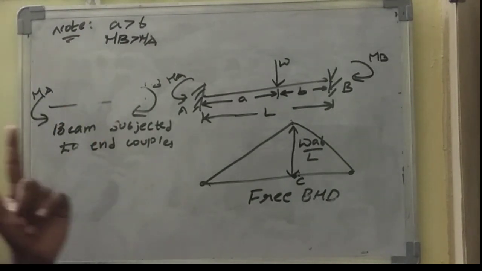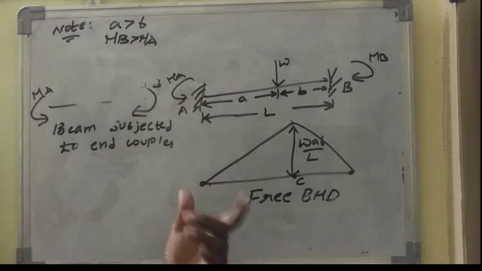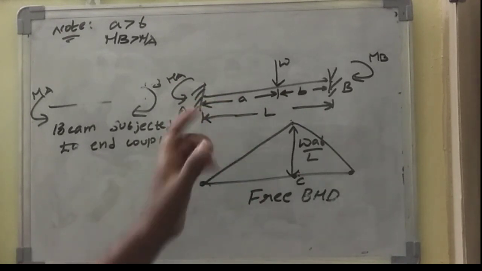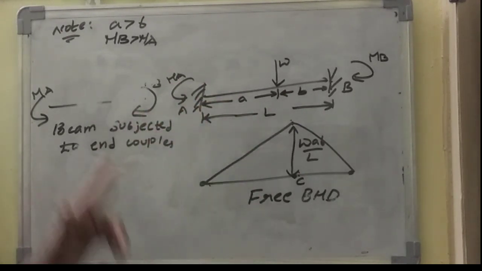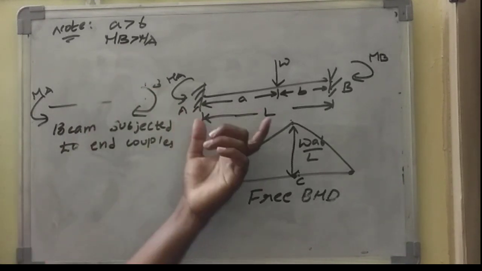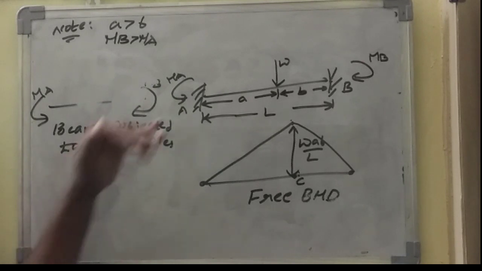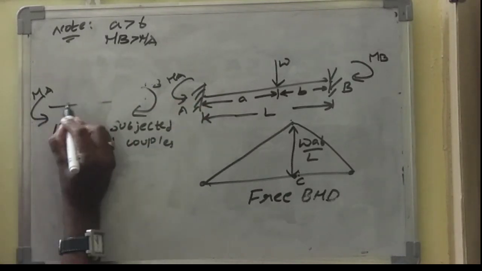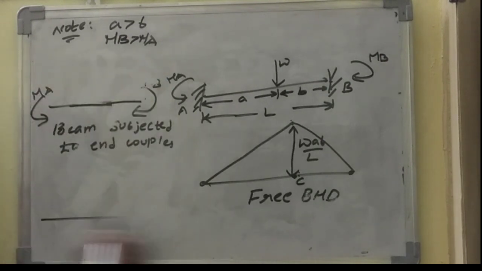But in the last case, a fixed beam carrying a concentrated load at midspan, both MA and MB will be equal, because it is exactly at the center, at distance L by 2 from both ends. That is the reason MA and MB are equal there. But here it is not exactly at the center. That is the reason you get some variation in height. So based on this, I am drawing the fixed bending moment diagram.